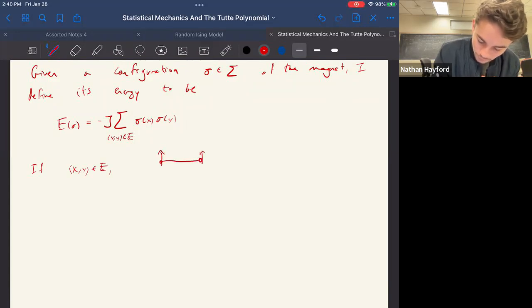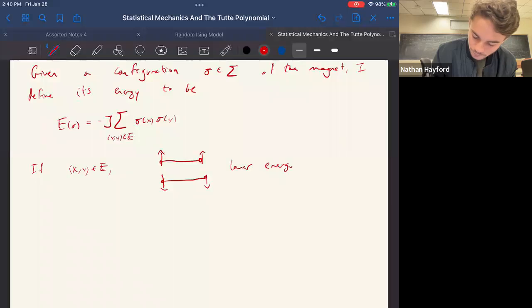For these two aligned configurations, I want to have energy lower than the misaligned ones, either this or this.